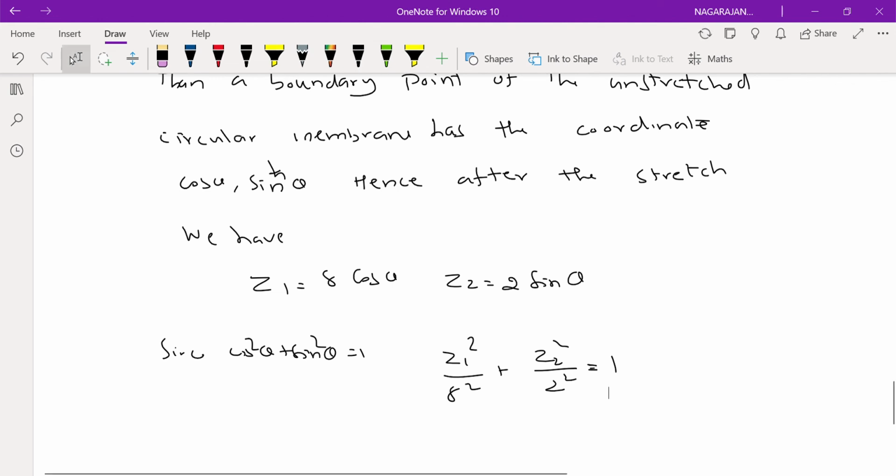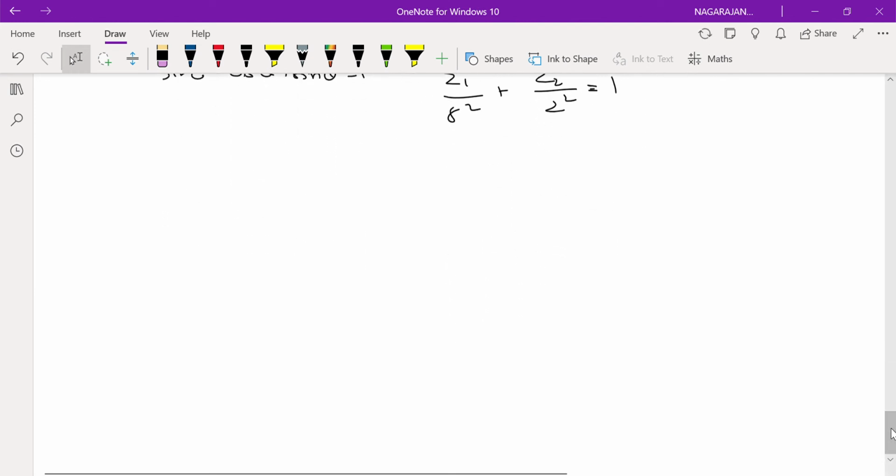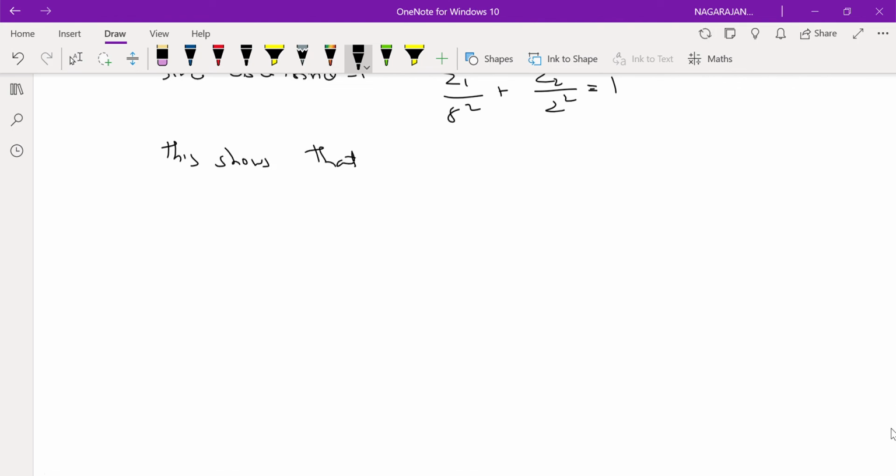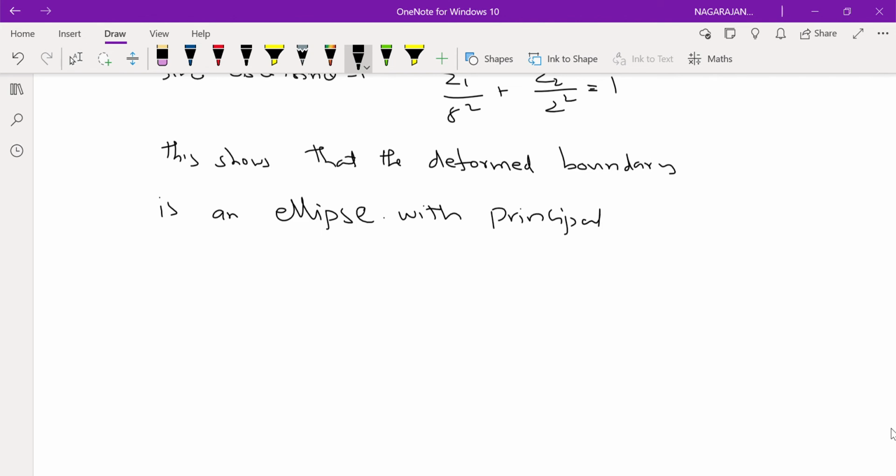This shows that the deformed boundary is an ellipse with the principal semi-axes 8 and 2 in the principal directions.